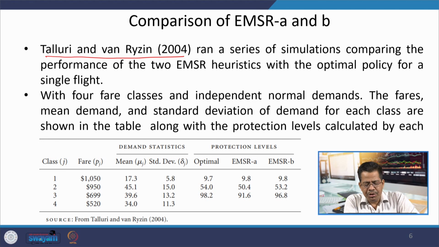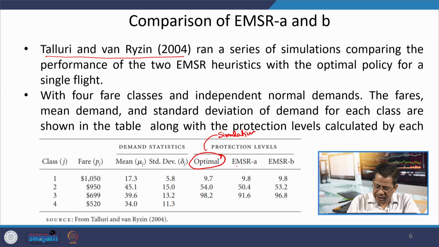They also used simulation software and calculated the optimal protection levels using the simulation results, and then they also calculated EMSR A and EMSR B related protection levels.